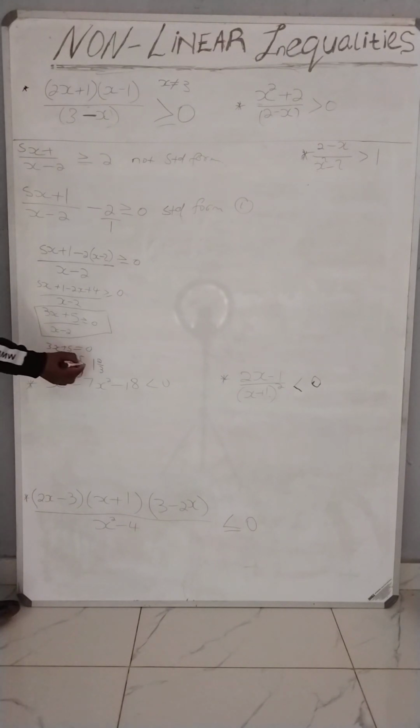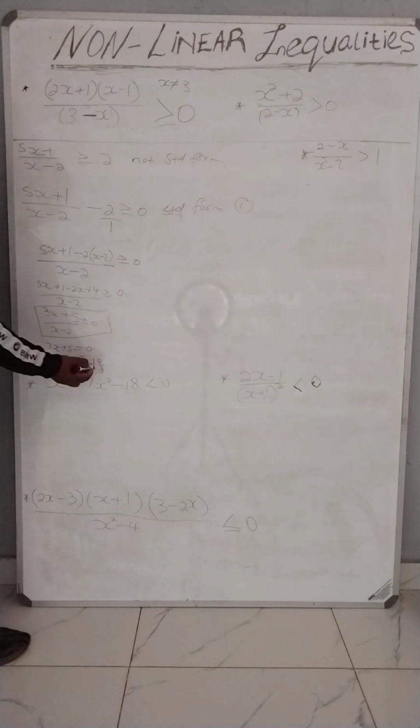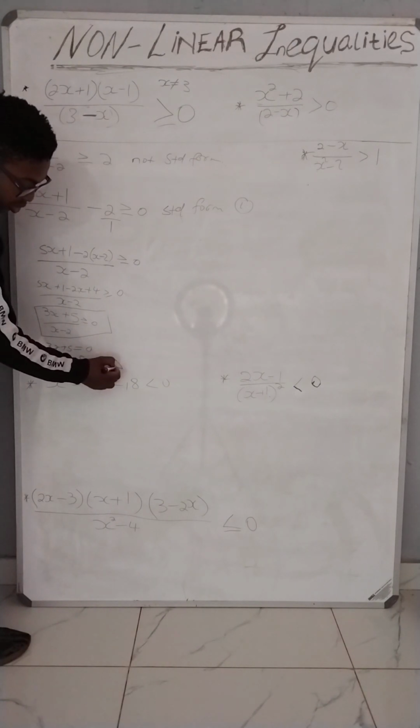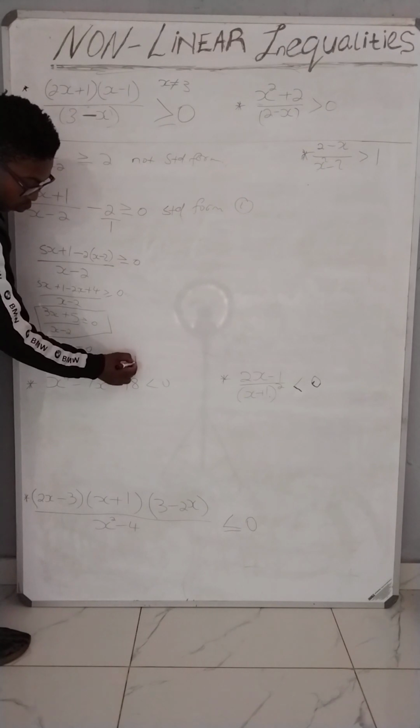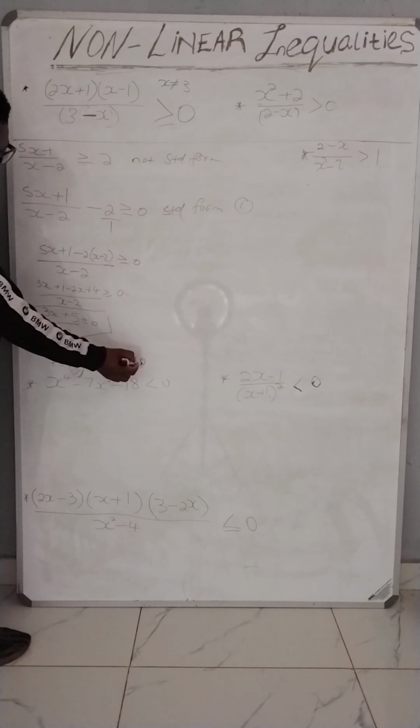So you're going to have negative 1 and 2 over 3. If you want to put it in decimal, it will be negative 1.0 because 3 into 2 goes 0 times.